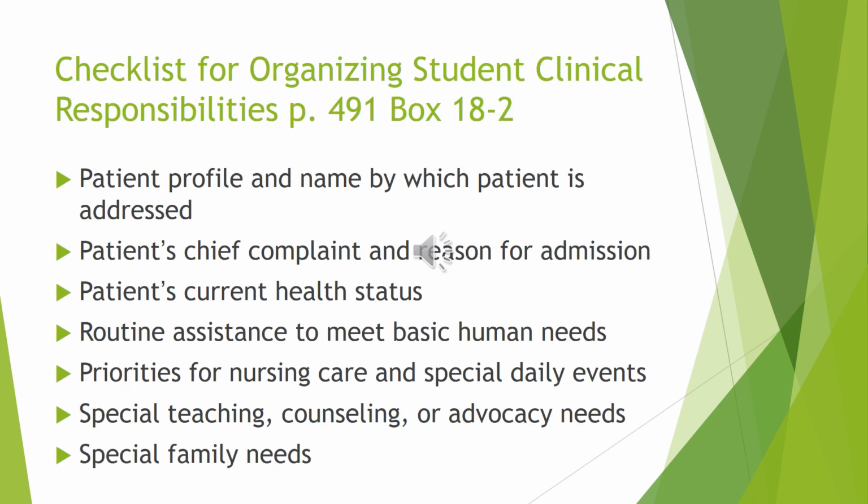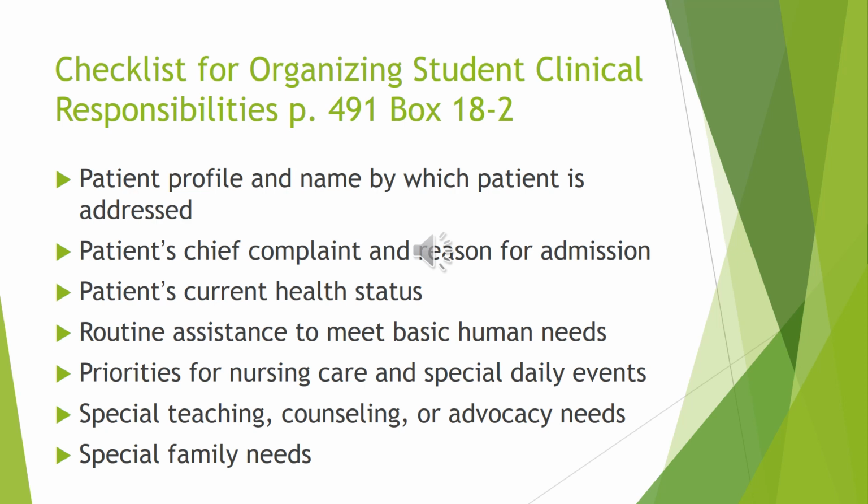On page 491, box 18-2, it lists a checklist for organizing student clinical responsibilities. So during your clinicals, you should have received this information from either your clinical instructor, nurse, nursing aide, or other collaborative team members, such as the treatment nurse or nurse manager, right?